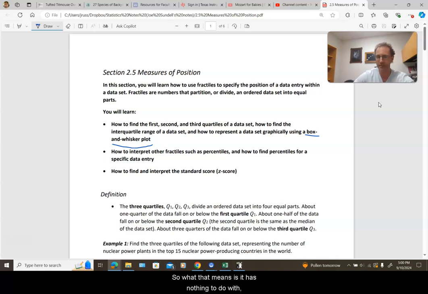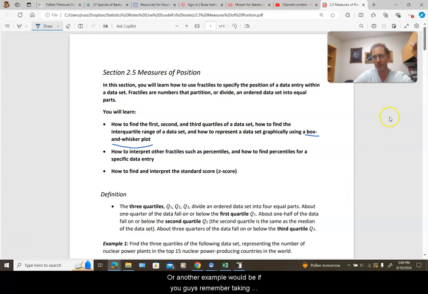Okay, so what that means is it has to do with her length, but not directly. That just means that her length is greater than the length of 60% of all the other babies, okay?